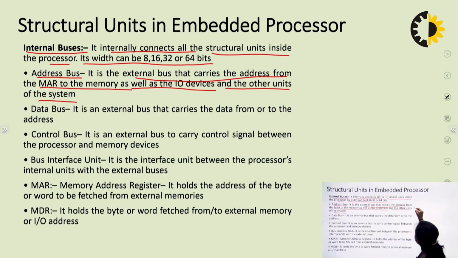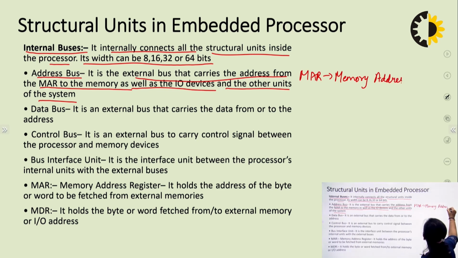Here this MAR stands for memory address register. This is also one of the unit of your embedded processor. Okay, we'll study it later on. So its purpose is to carry the address either from MAR to memory or IO, okay, as well as to the other units of the system.